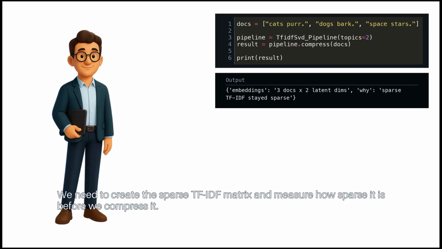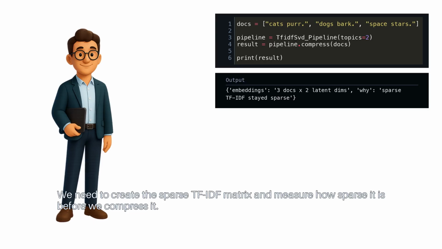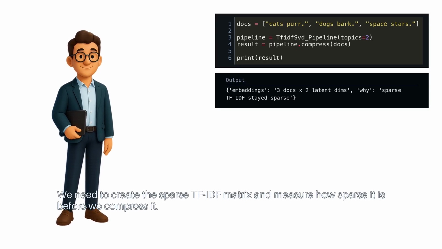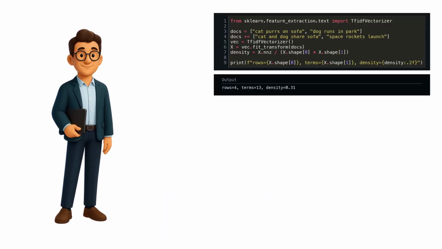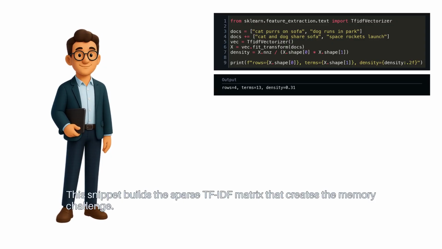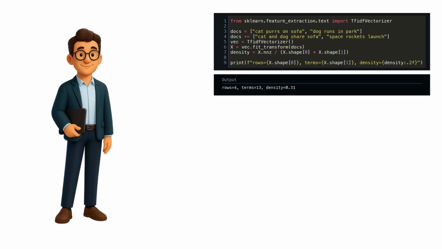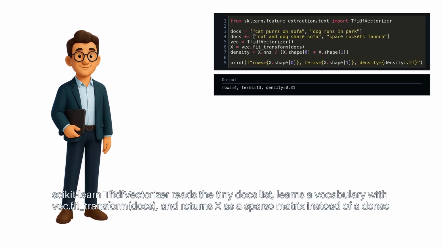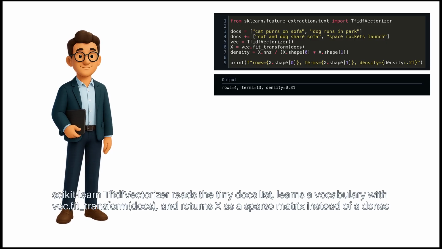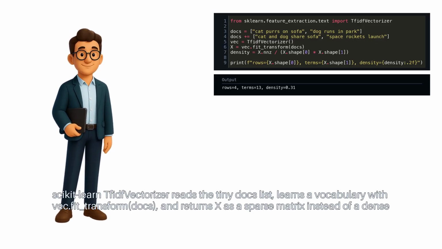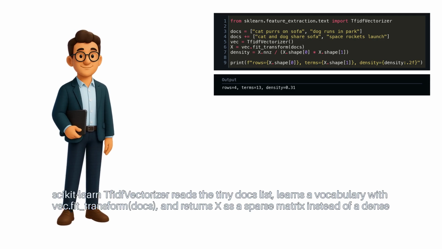We need to create the sparse TF-IDF matrix and measure how sparse it is before we compress it. This snippet builds the sparse TF-IDF matrix that creates the memory challenge. Scikit-learn's TfidfVectorizer reads the tiny docs list, learns a vocabulary with vec.fit_transform(docs), and returns X as a sparse matrix instead of a dense table.